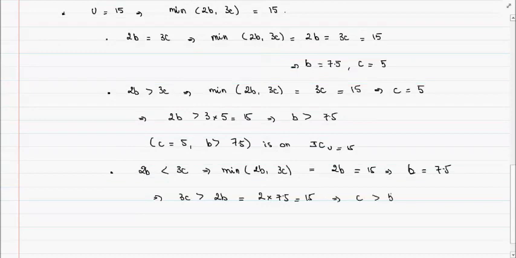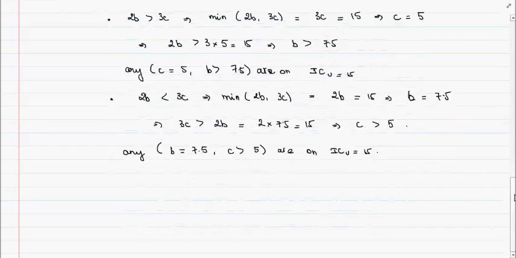So therefore C has to be bigger than 5. So anything with B equal to 7.5 and C bigger than 5 is going to be on the indifference curve with a utility level of 15, including all the bundles that are on the same indifference curve.